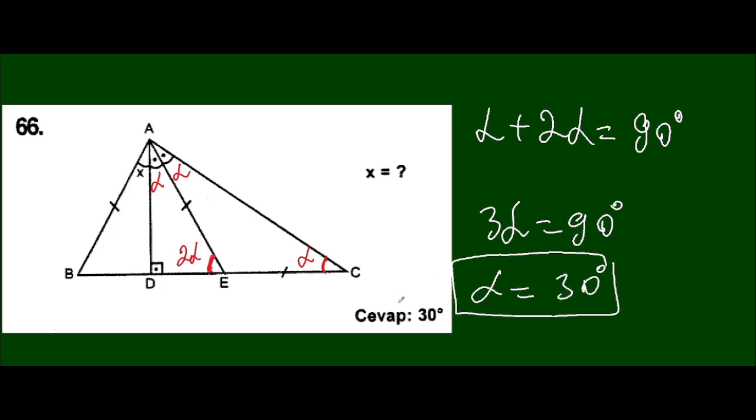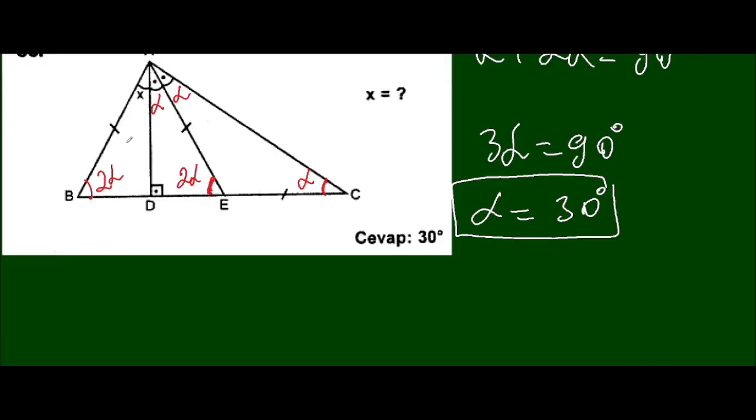But this is not our answer. This will be 2 alpha, and 2 alpha is 60 degrees in our situation, because alpha is 30 degrees.